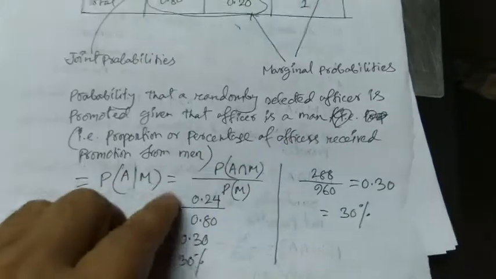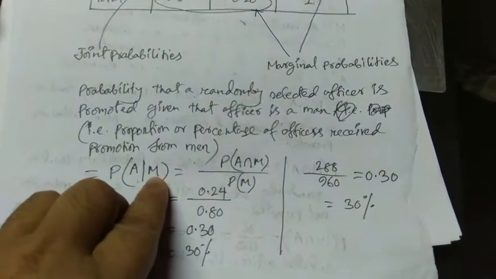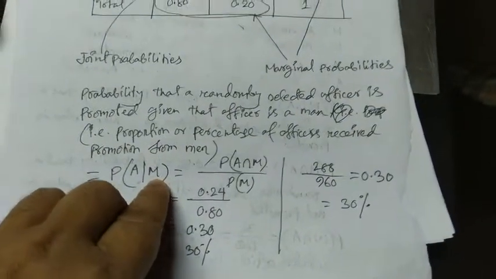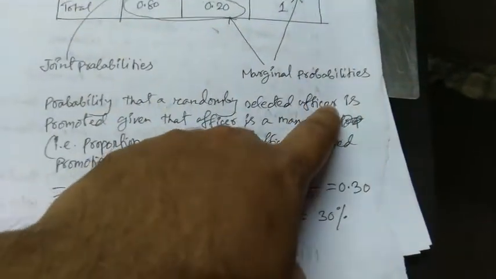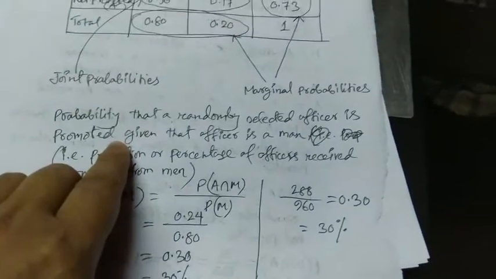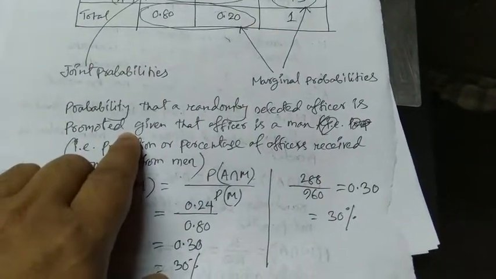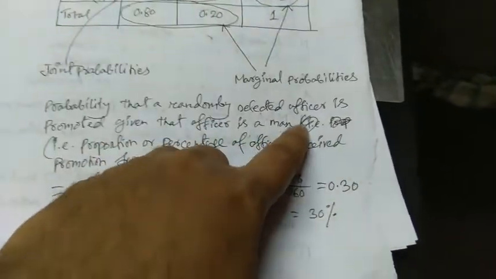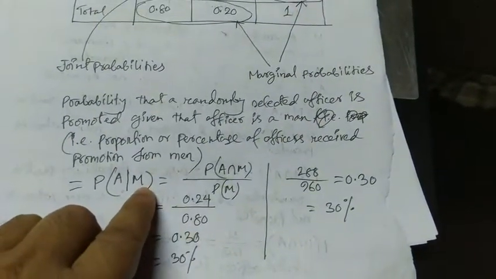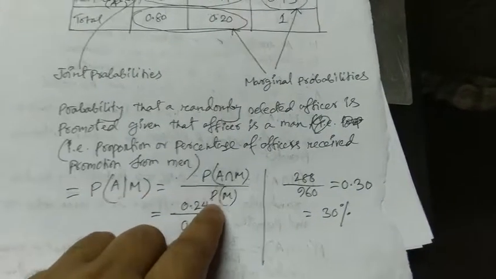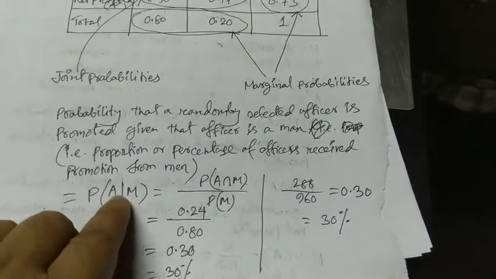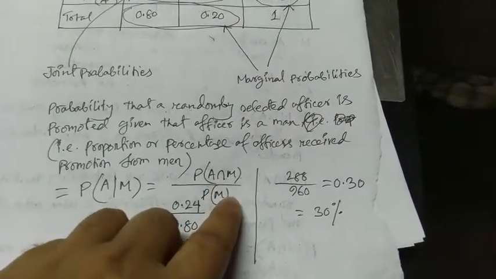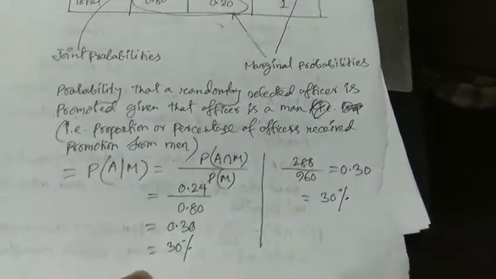Given that the officer is a man, we need to find the probability that the selected officer is promoted. That means we need to find the probability of A given M. As you know already, the formula is the probability of A intersection M divided by the given part, that means the probability of M. If you put the values in and calculate, it is 30%.